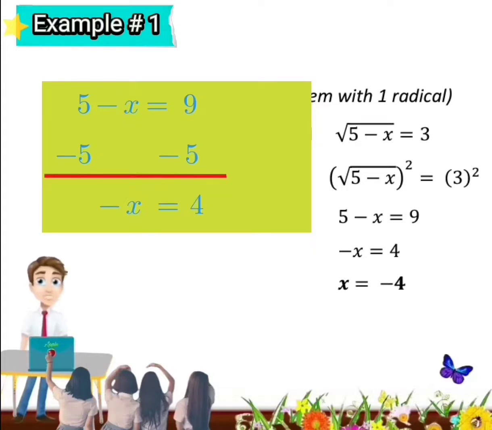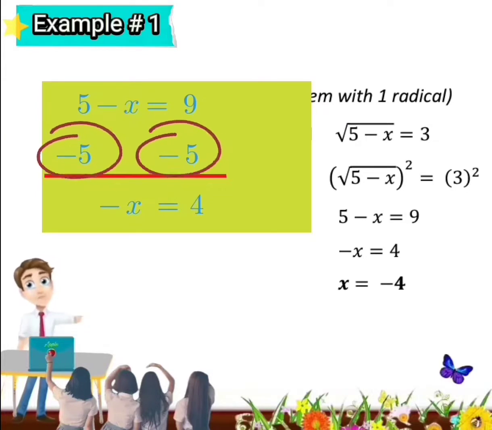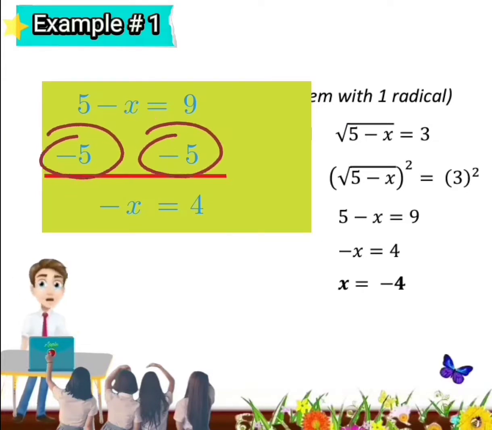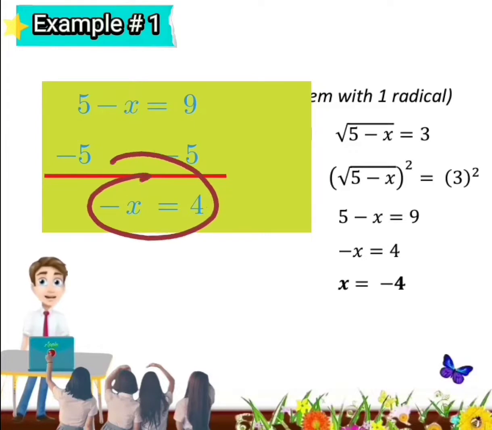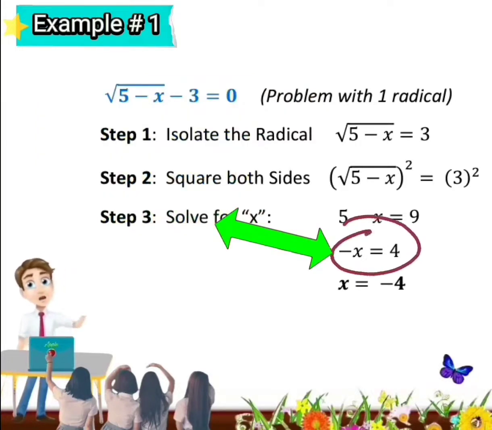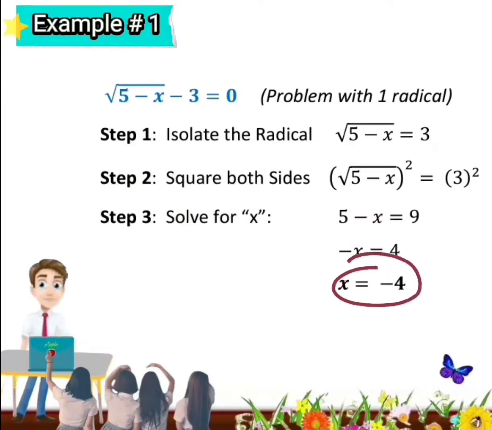Again, by addition property of equality, we are going to add negative 5 once more in both sides of the equation. So it will become negative x is equal to 4. And then dividing both sides by negative 1, that is equivalent to x is equal to negative 4. So therefore, the value of x is negative 4.